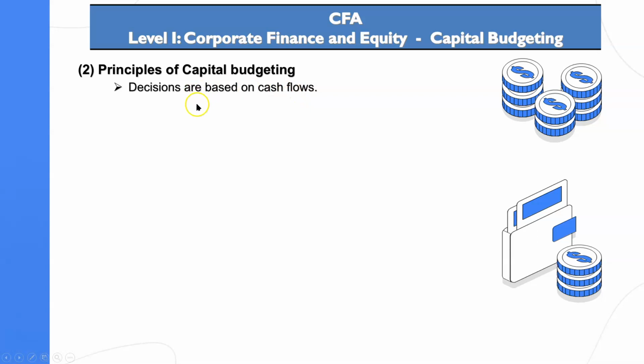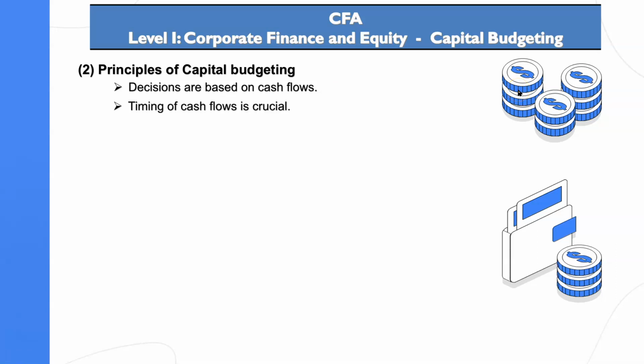We will come to this when we evaluate an individual project. We will see why we are taking only cash flows. If there is any expense that is non-cash or revenue that is non-cash, we should exclude that from our calculation. So we use only the cash flows.